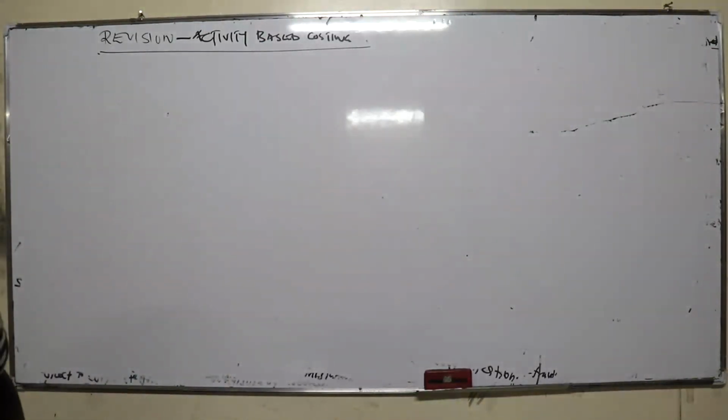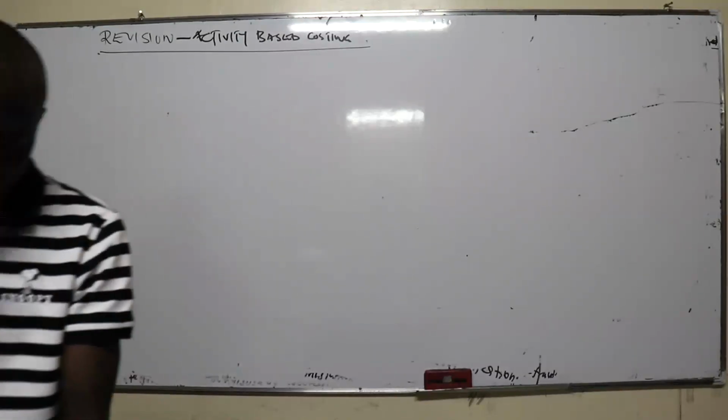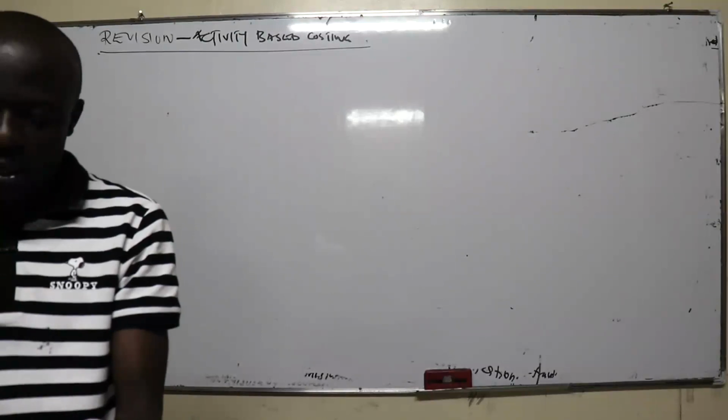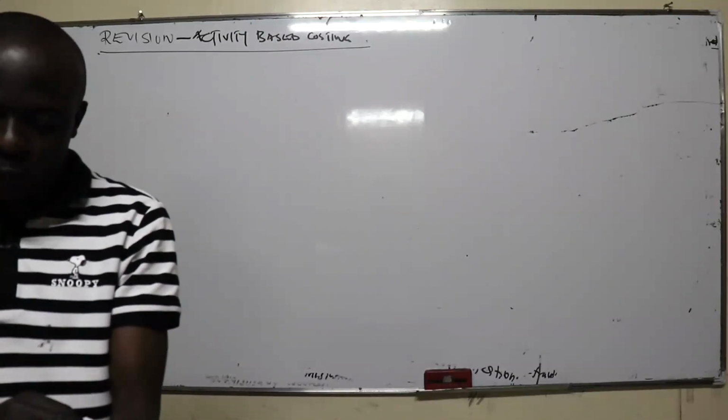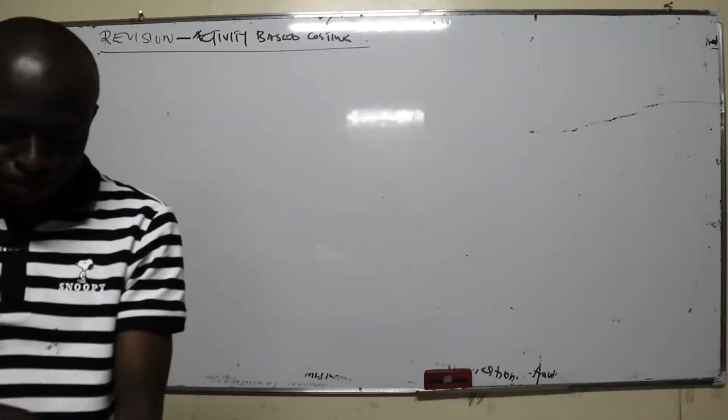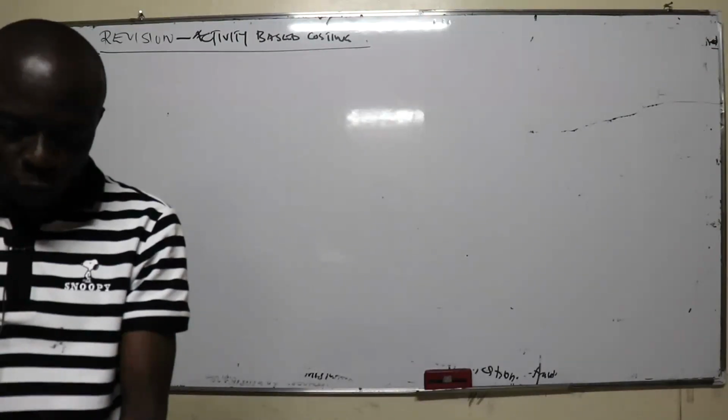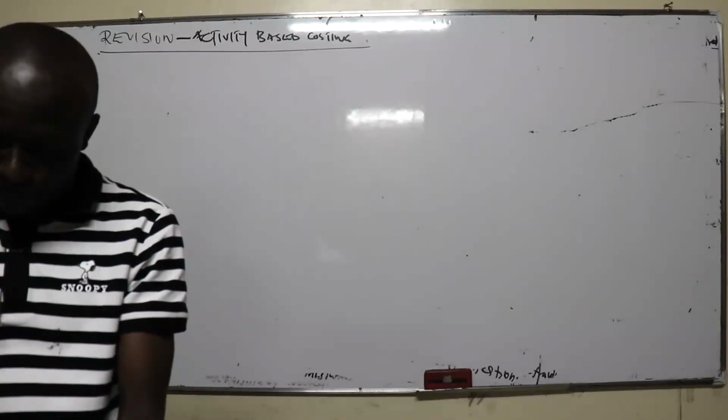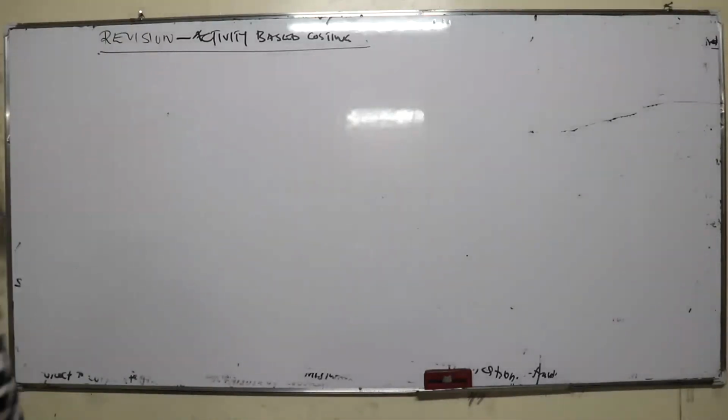So the first question you're going to do is May 2007, question number 3, on activity-based costing.